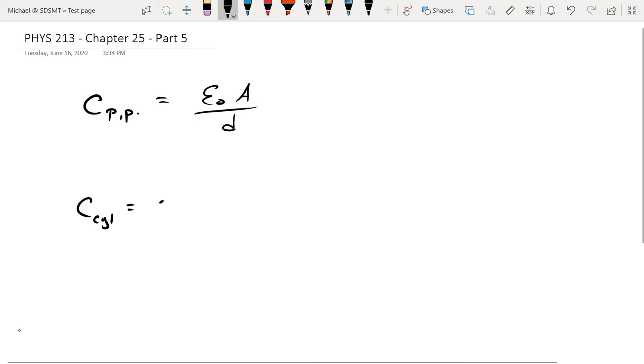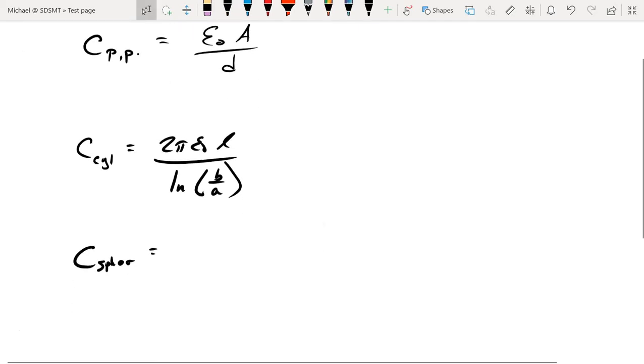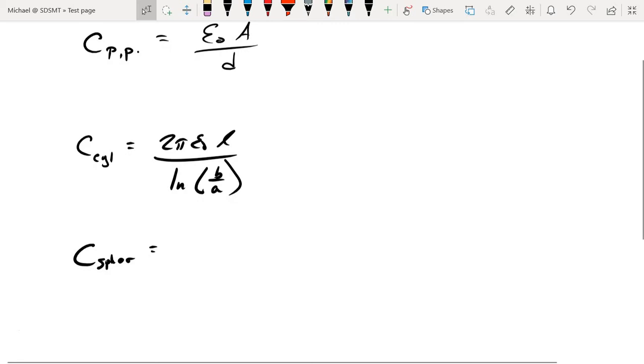And so I'm going to go ahead and just write out the expressions that we had for each of these. And let's see, for the sphere, that was 4 pi epsilon naught ab over b minus a.